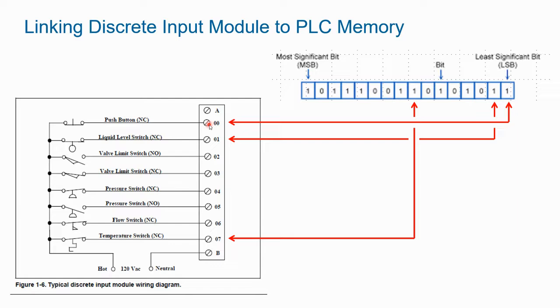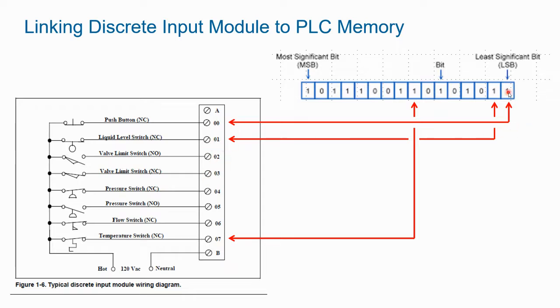It might actually trigger around 90 something volts. But once it gets above a certain threshold, it will turn on, and it'll detect it as an on. And when it detects it as an on, it's going to put a 1 in the appropriate bit space based on where that card is.